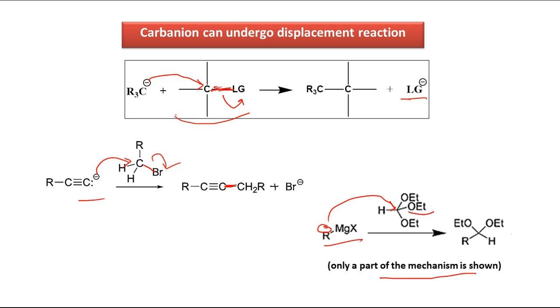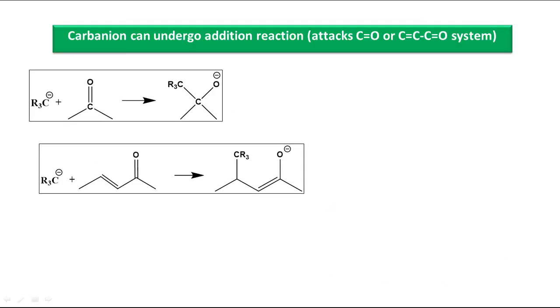OEt is the leaving group here and we are getting this R-carbon bond. The third fate is attack on C=O or alpha-beta unsaturated C=O. In the first example, it is attacking this carbonyl carbon, the pi bond is broken, and the negative charge is over oxygen.